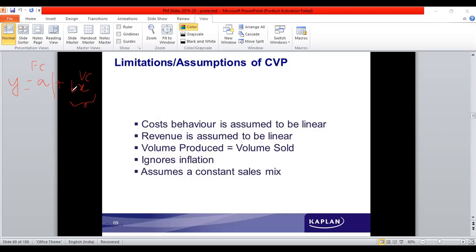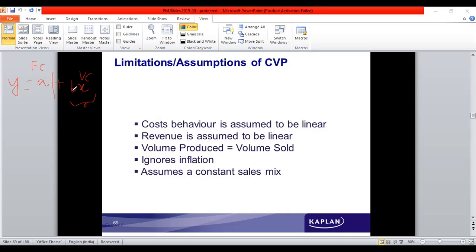So for both cost and revenue, the assumption is that there is a linear relationship. Maybe some portion of the revenue can be fixed, and the rest of it changes according to the changes in the number of units sold.